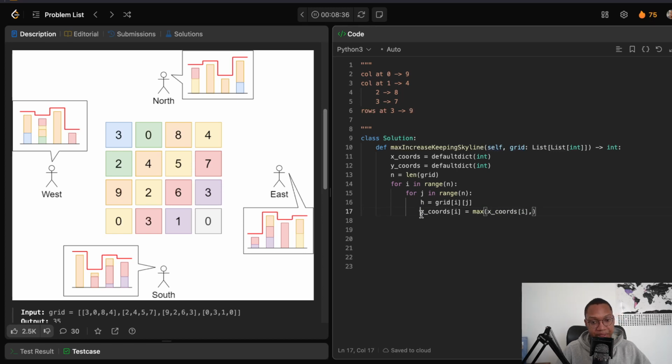X is kind of a weird name because technically I don't think rows are the X coordinate, but I don't think it matters for this. So I'm gonna do Y coords at i is the max of Y coords at i and the height at j. So just set them equal to this, I guess, and then hopefully we'll get something.